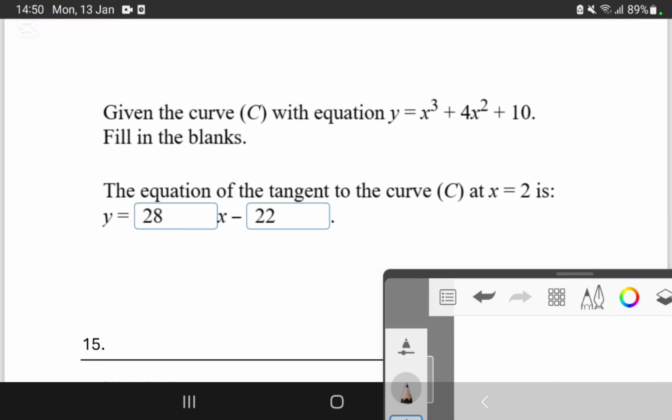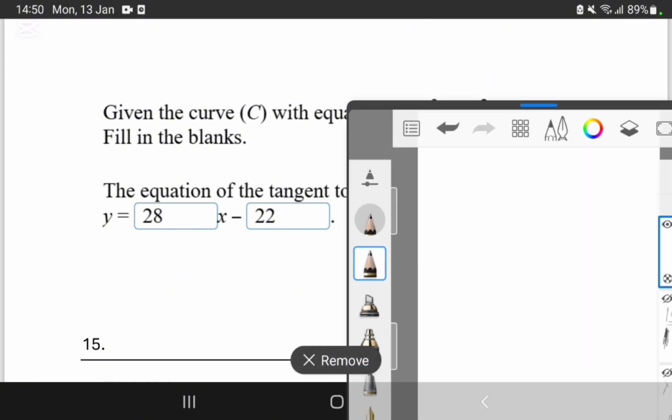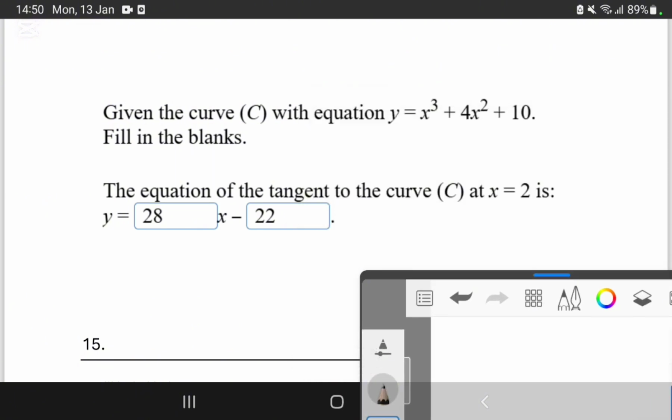Given the curve C with the equation x cubed plus 4x squared plus 10, the equation of the tangent to the curve at x equal to 2 is... Okay, now to answer this question, first of all we need to find the slope, which is the gradient.